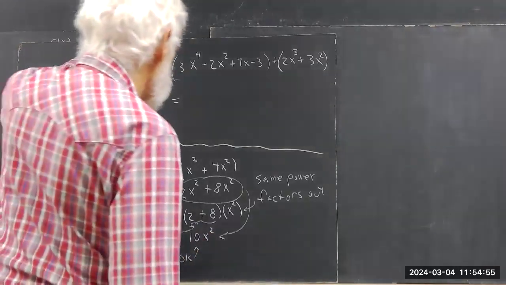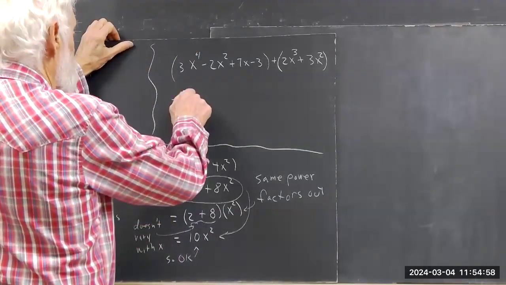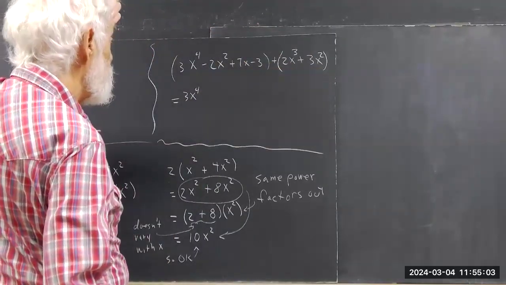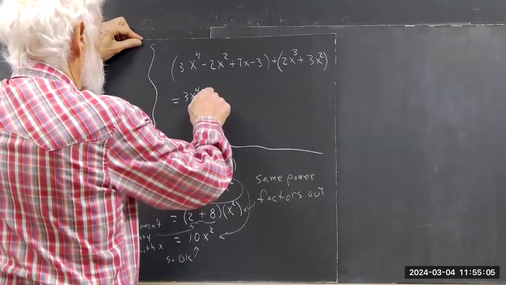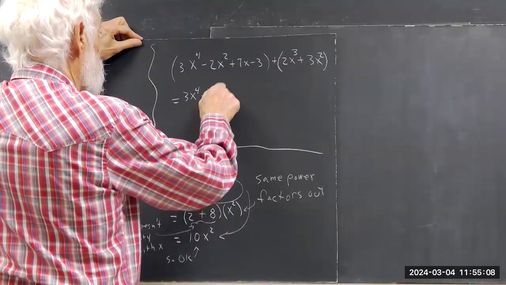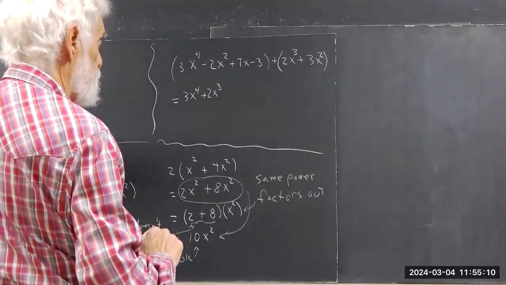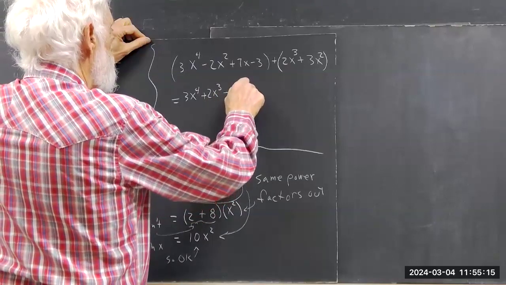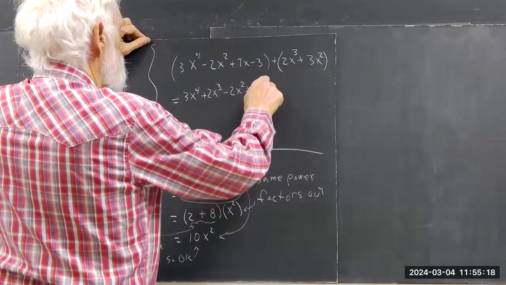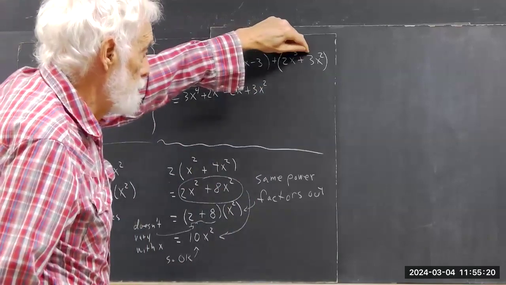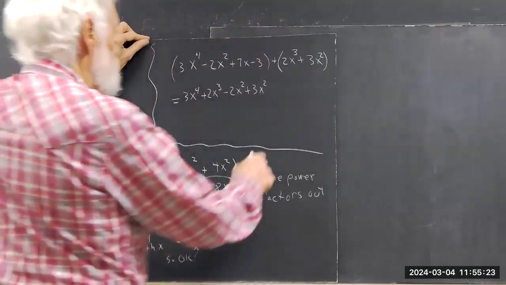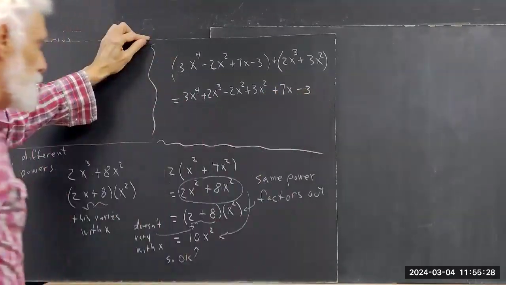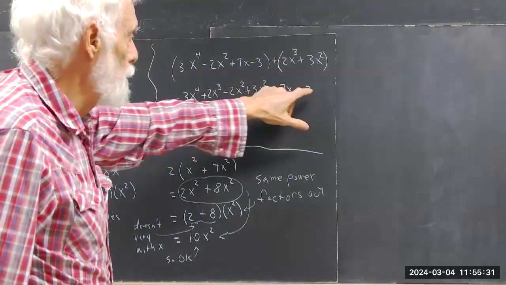So I could write this as 3x to the fourth. We don't have any x to the fourth, so 2x cubed. We don't have an x cubed term over here. And then we're going to write minus 2x squared plus 3x squared. We have different powers of x all the way down.